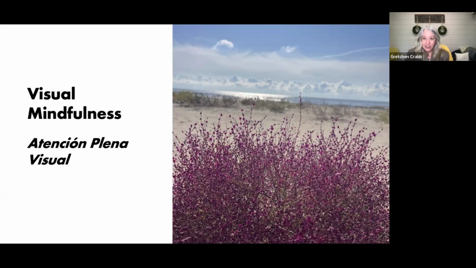Notice the texture. Notice the colors. Notice the shape. And as you do that, also notice what's happening inside for you. Is there a memory that's being evoked? Is there a sensation that you feel somewhere in your body? Is there emotion that's brought up when you look at this object? We're just going to be with that for a minute.